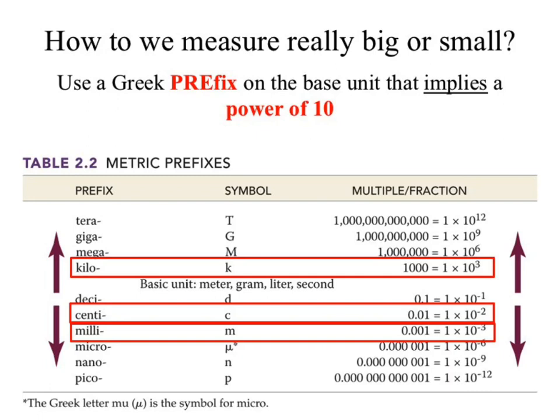There's really only 3 that you will encounter: kilo, centi, and milli. So what you need to do is memorize those 3. Kilo is K, which means 10 to the third. Centi is C, which means 10 to the minus 2. Milli, M, 10 to the minus 3.